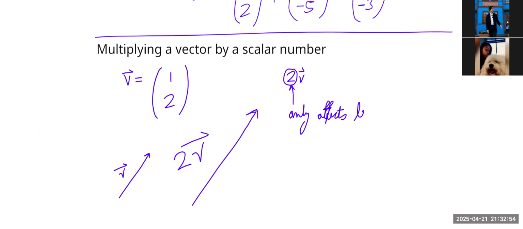And what does the length of a vector correspond to? Like what does the length of a vector graphically correspond to in an algebraic sense? The magnitude. What's the magnitude of the vector?